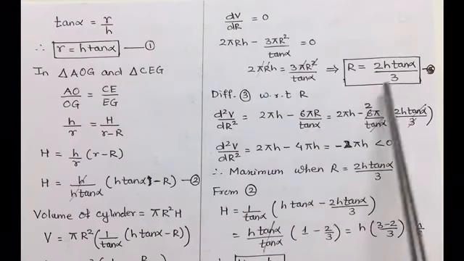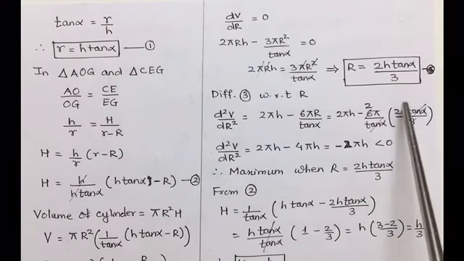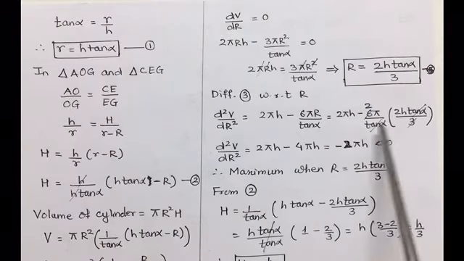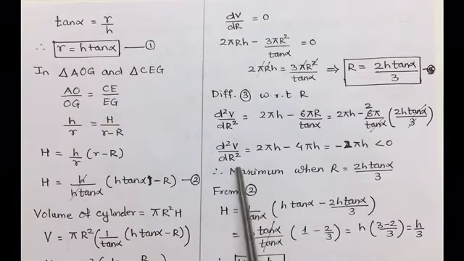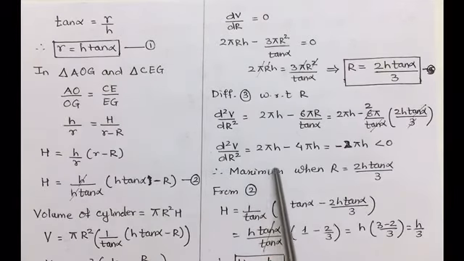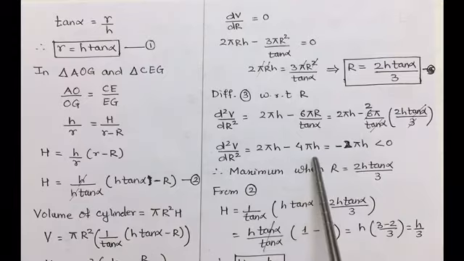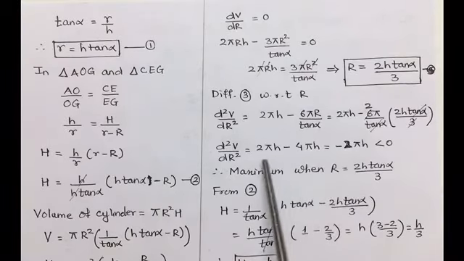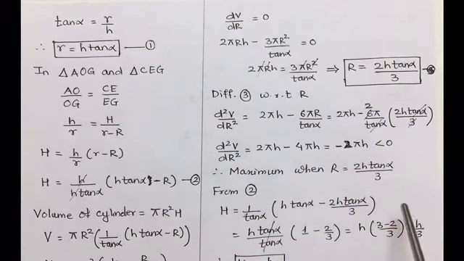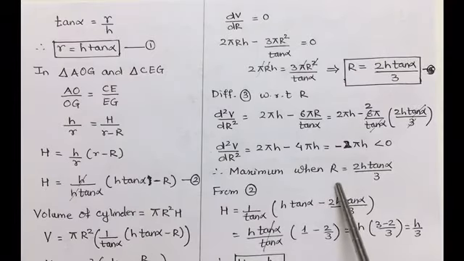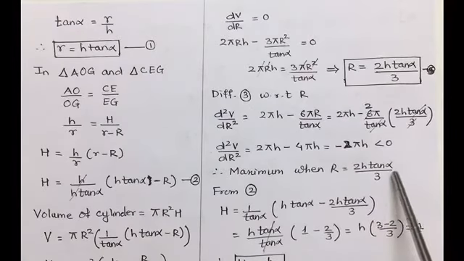Putting the value of R as 2h tan alpha by 3, cancellation gives us d square V upon dR square is equal to 2 pi h minus 4 pi h. Subtracting both gives minus 2 pi h, which is a negative value, less than 0. Therefore, volume is maximum when R, that is the radius of the cylinder, is 2h tan alpha by 3.